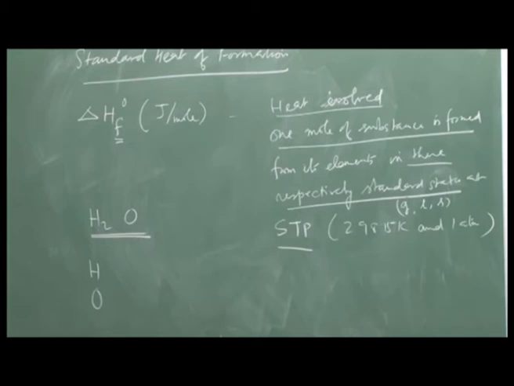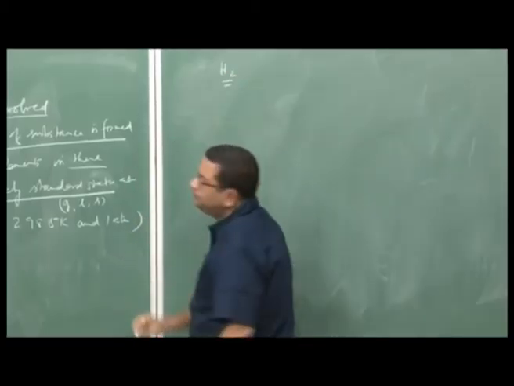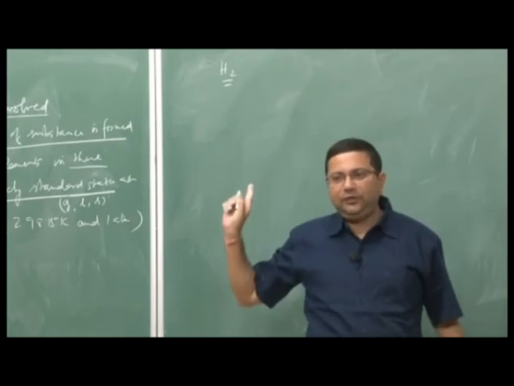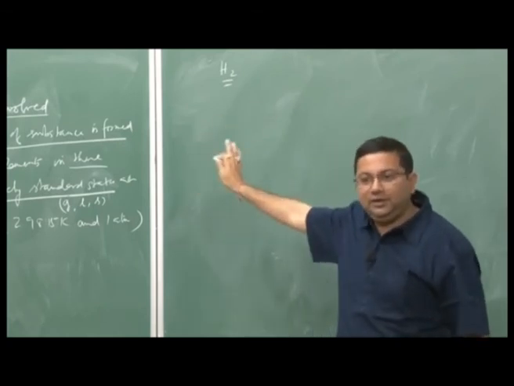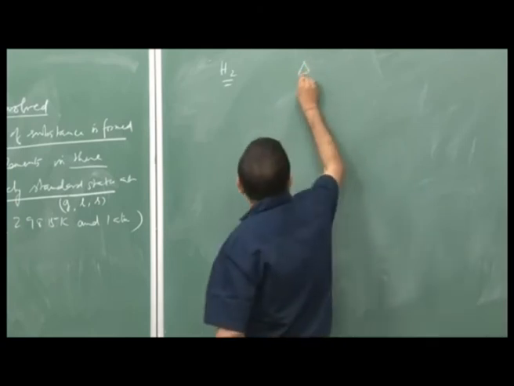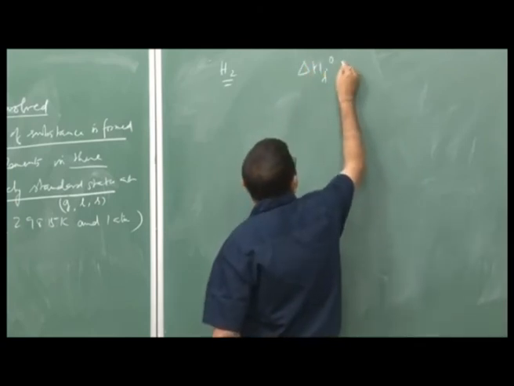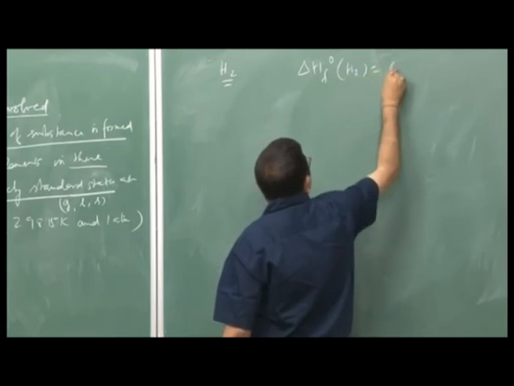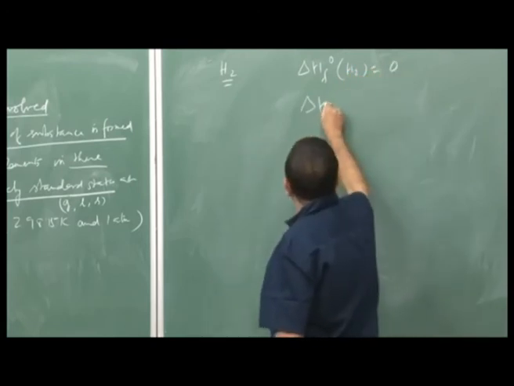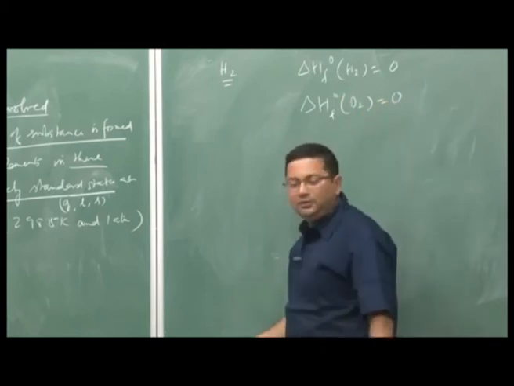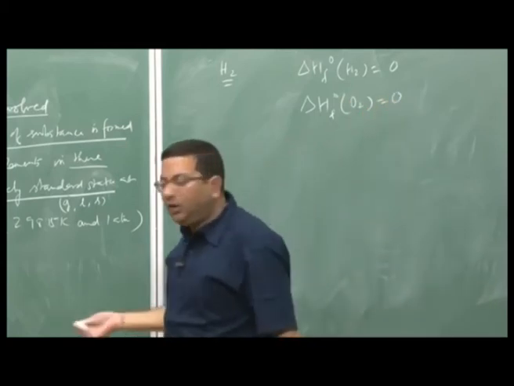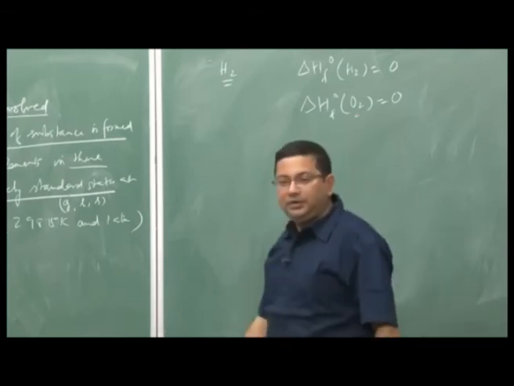For example, if I consider hydrogen, the heat of formation of hydrogen, because it appears as hydrogen like this in nature, is 0. Okay. So, heat of formation of hydrogen is equal to 0. Similarly, heat of formation of oxygen is 0, right, because they appear as oxygen molecule in nature.